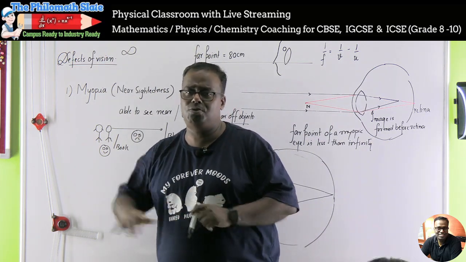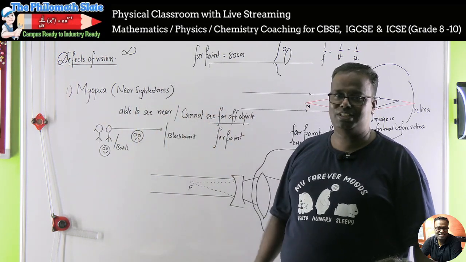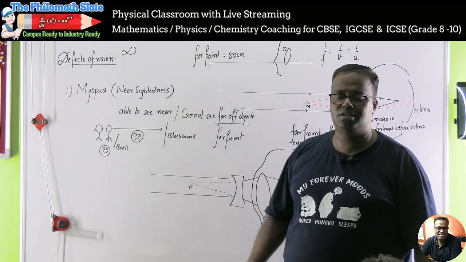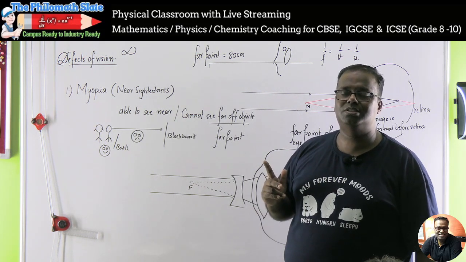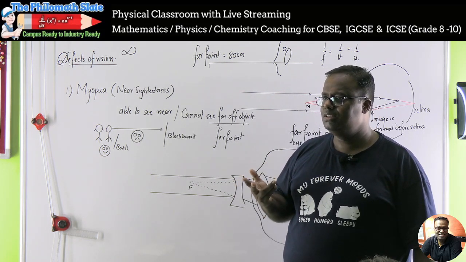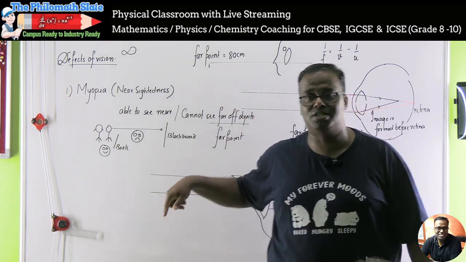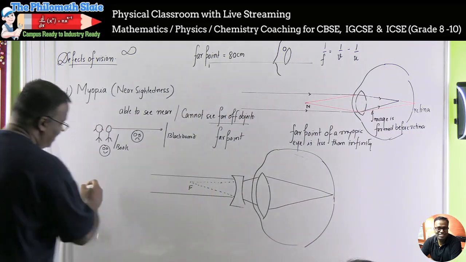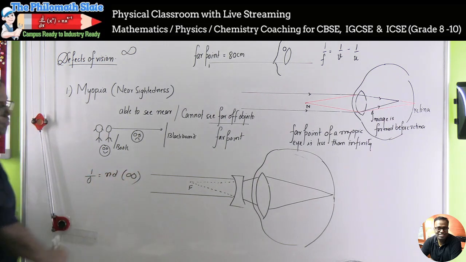If I am normal, I should be able to see far off. Infinity. What is 1 upon infinity? What did you do in trigonometry? 1 by 0 is what? Undefined. Undefined is known as infinity. So 1 by infinity is how much? No, it will be 0, right. Foolishness, that's what I am saying, you are not listening. What is 1 upon 0? Not defined. Its other name is infinity.